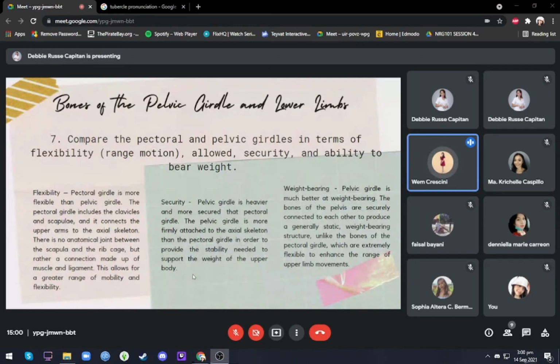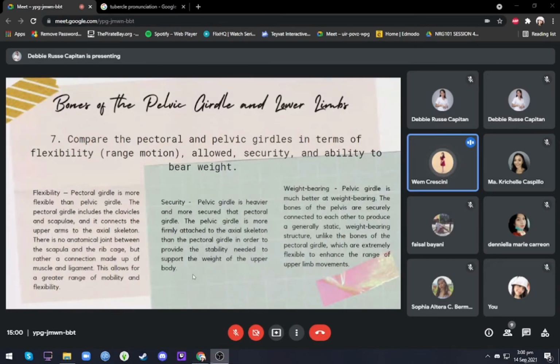The pectoral girdle includes the clavicles and scapulae, and it connects the upper arms to the axial skeleton. There is no anatomical joint between the scapula and the rib cage, but rather a connection made up of muscles and ligaments. This allows for a greater range of mobility and flexibility.